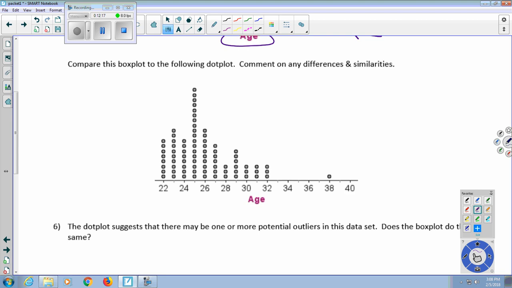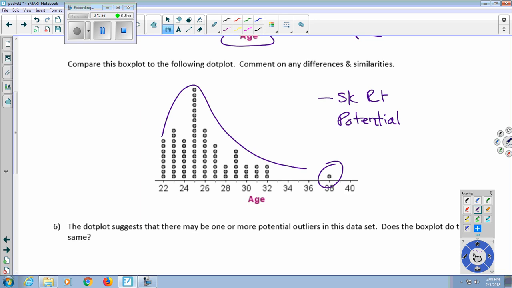We can tell the distribution is skewed right from the dot plot, but not as easily from the box plot. We can also see potential outliers in the dot plot. We're not able to necessarily know whether we have potential outliers in the box plot, and we can see a nice peak at 25. So we have a mode peak at 25 years.